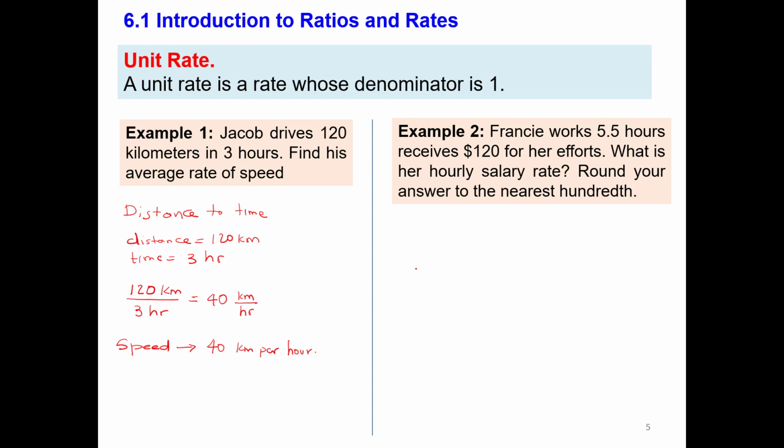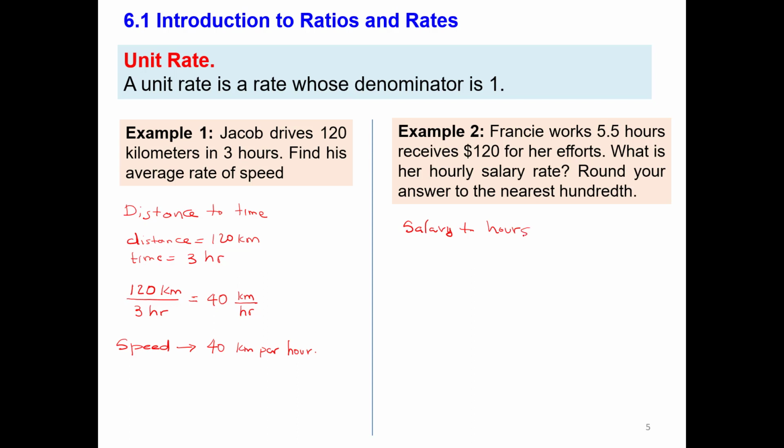Then the ratio is money to hour, or salary to hours. Let's write here salary to hours. This is the ratio we need to find.